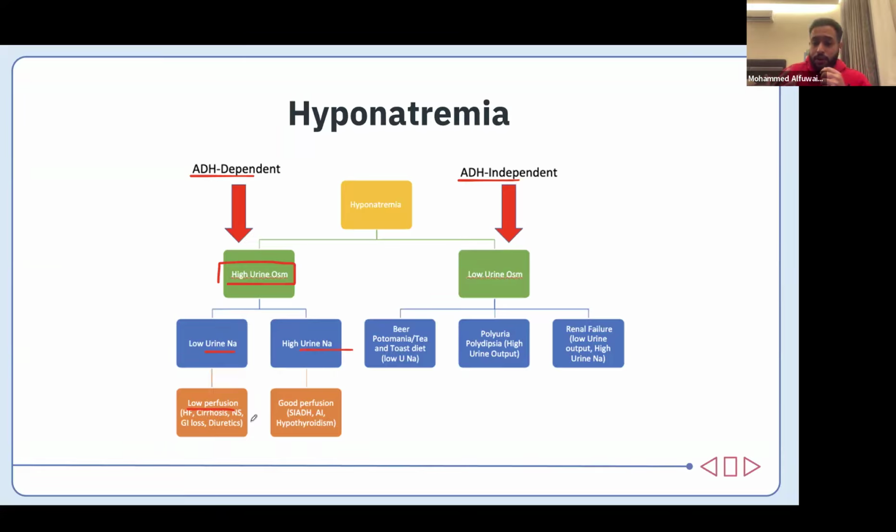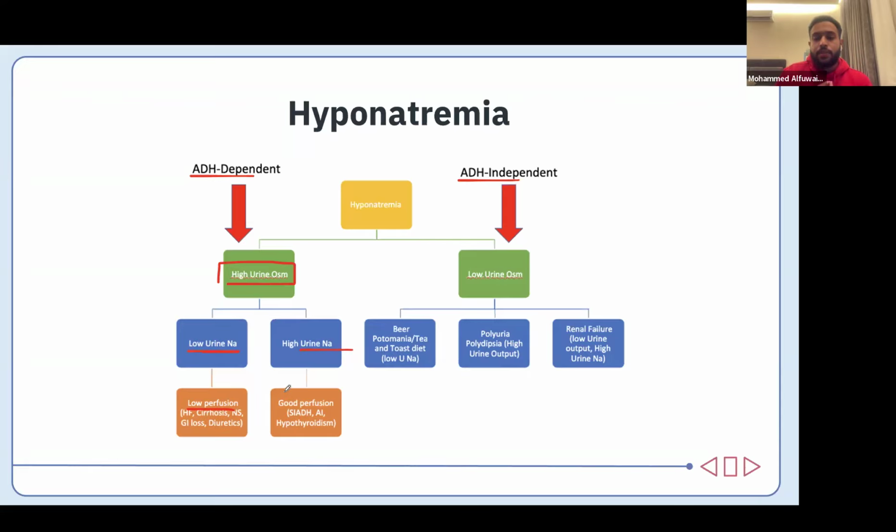ADH will cause more fluid reabsorption, which will cause the high urinary osmolality. And another thing is it will cause more sodium reabsorption from the kidneys. Hence why you have low urine sodium in patients with low perfusion, because of activated RAS and activated ADH.